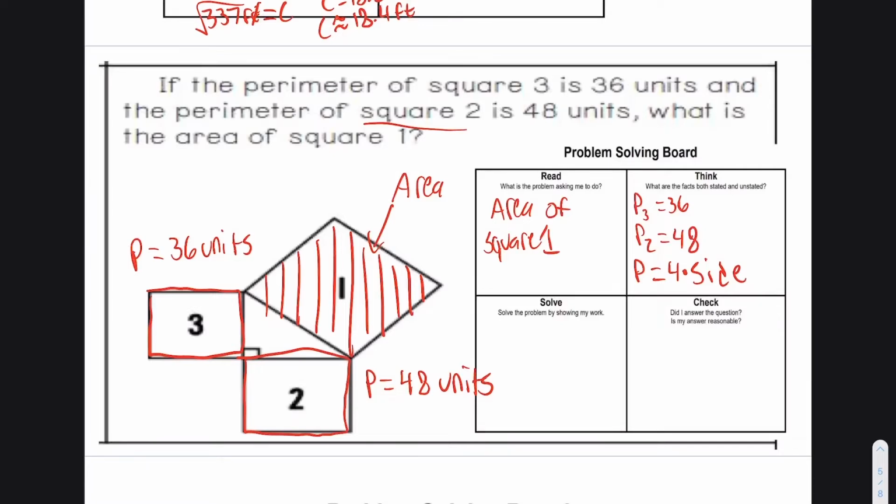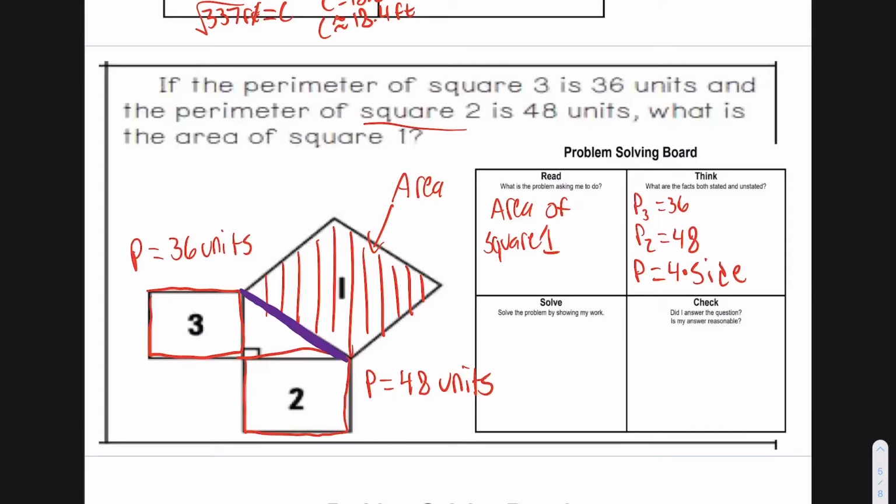So to solve this, we're going to need to use the Pythagorean theorem because we need this side length. We need the hypotenuse of this triangle. Once we get the hypotenuse, we're going to square it, and that'll be the area.